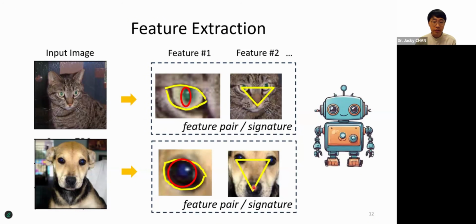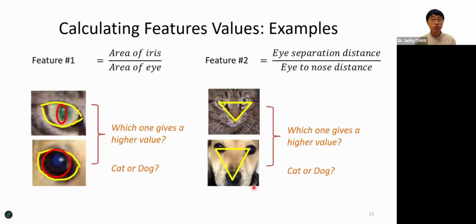And so I define the formulas of these two features to produce numerical values. So these are the two formulas. Well, don't worry, it's actually quite simple. For feature 1, I compute it by dividing the area of the iris by the area of the eye.